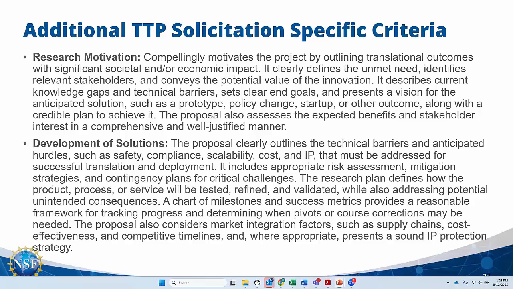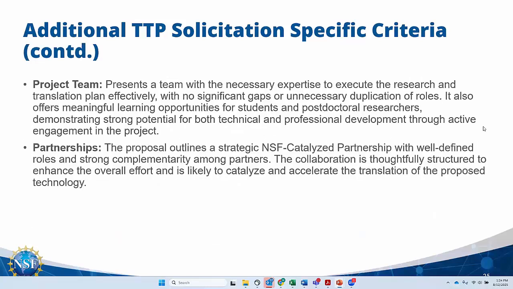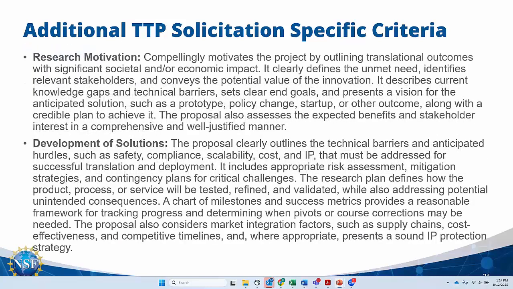So in those, is that plan realistic to get the team there? What are the compliance issues, scalability issues, IP issues? Those would all be part of research motivation and development of solutions.